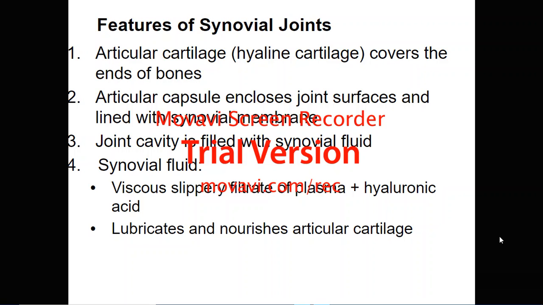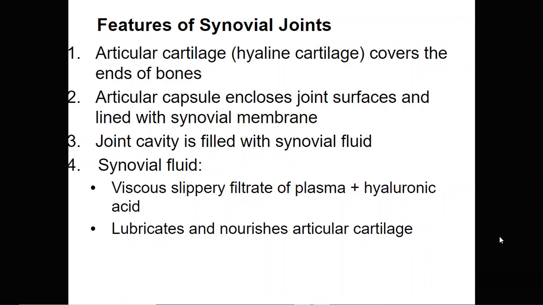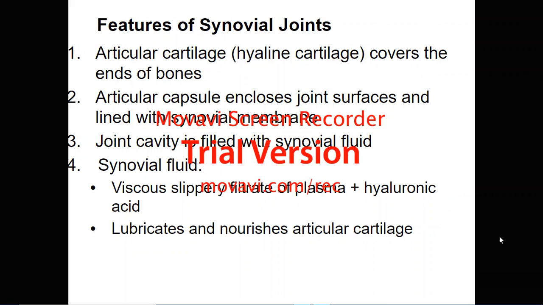So again, the articular capsule has two layers: a tough external fibrous layer, and internal to it, the synovial membrane, which makes the synovial fluid.